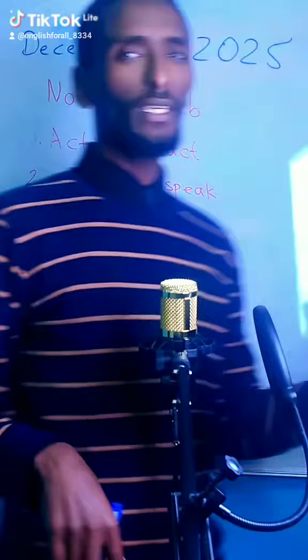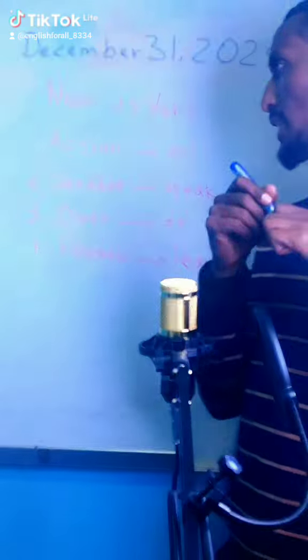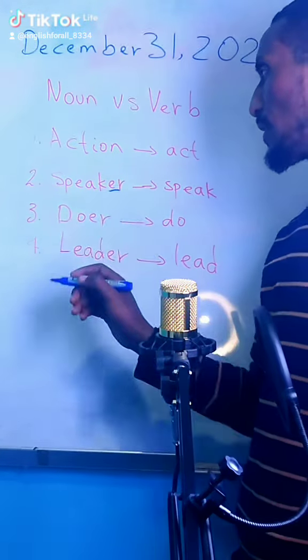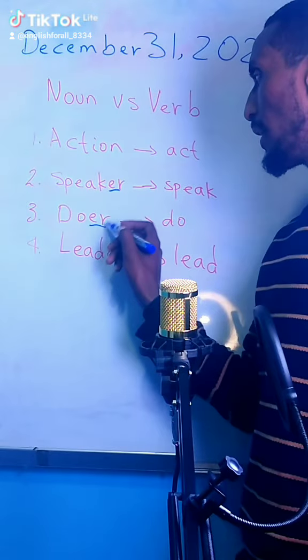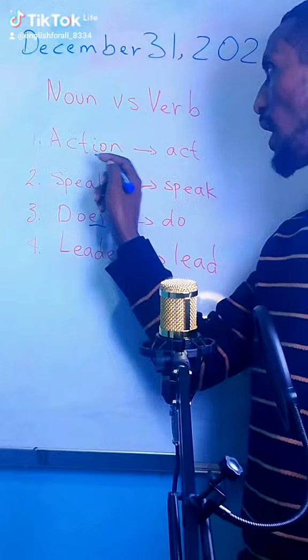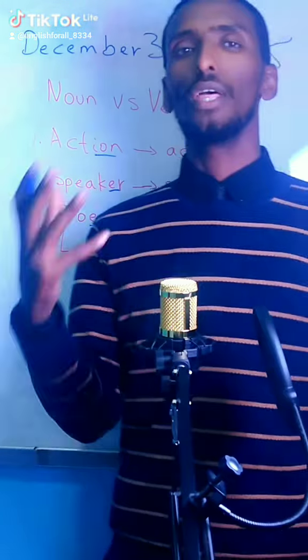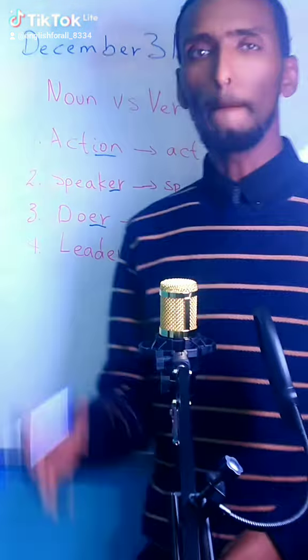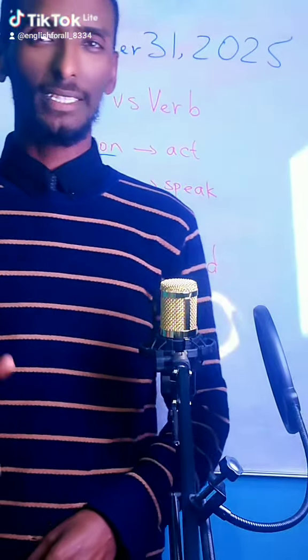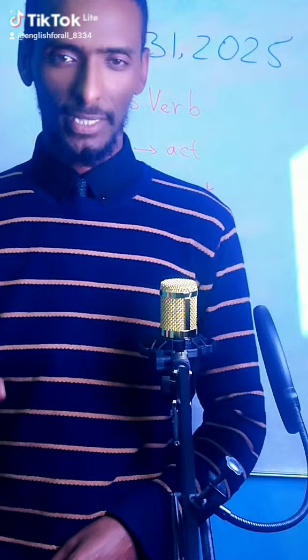Now, as you can see, there are some patterns like the suffix er and the suffix ion. These are some of the noun makers. Nouns can be formed or created in these ways.